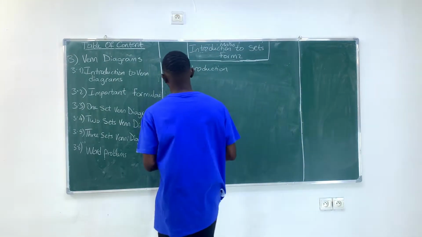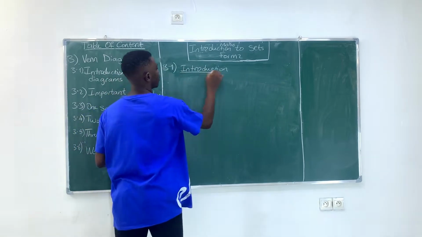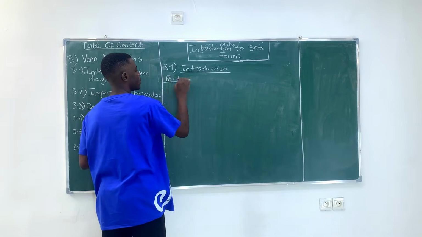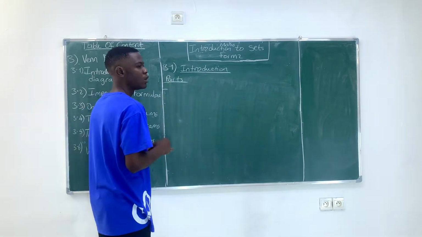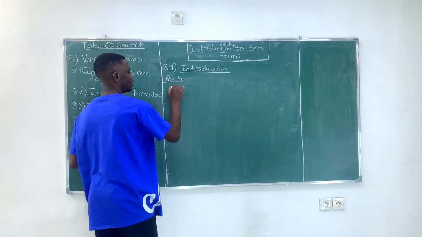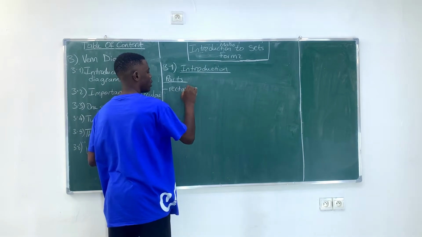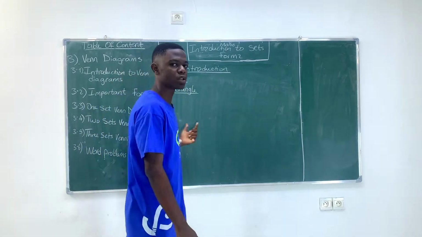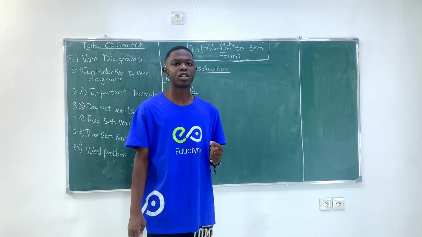The parts of a Venn diagram. So, first of all, we have the rectangle. It could be a square if you want. So what does it do?